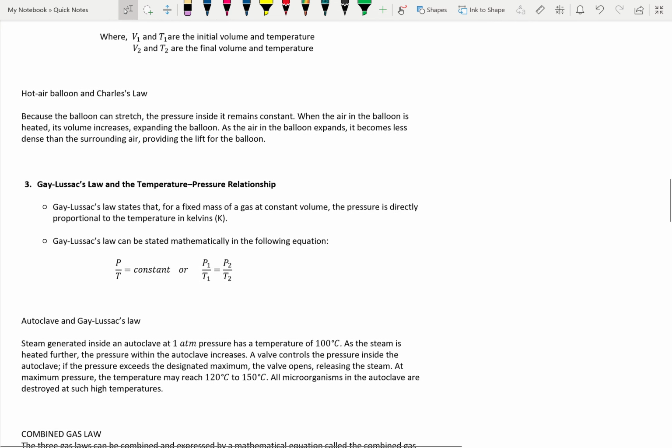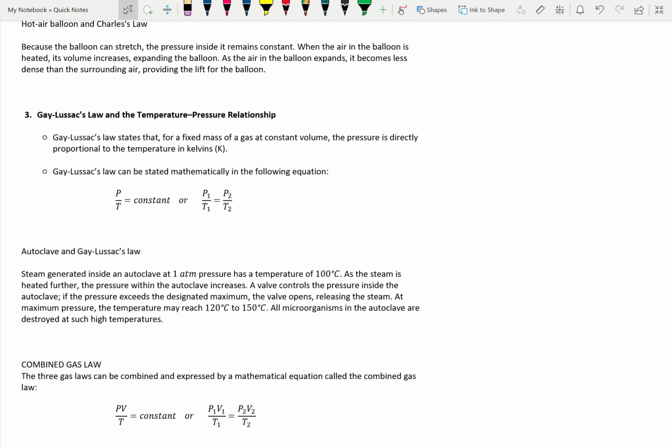An example of Gay-Lussac's law is the autoclave. Steam generated inside an autoclave at 1 atmospheric pressure has a temperature of 100 degrees Celsius. As the steam is heated further, the pressure within the autoclave increases, right? So we have temperature and pressure changing.